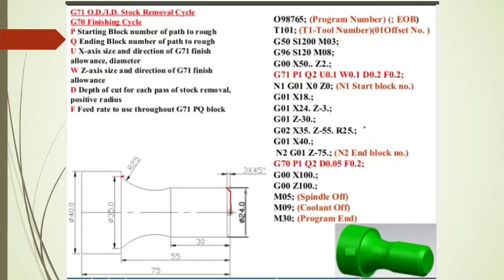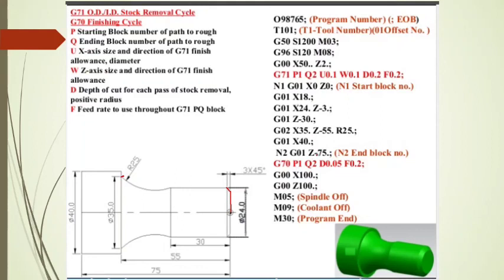The radius is 25 mm. This is the final location. After that, the tool needs to move only in X direction. That is why the next line becomes X40. And finally, the tool should move in Z direction up to minus 75 mm. So this dimension is used for the next line.